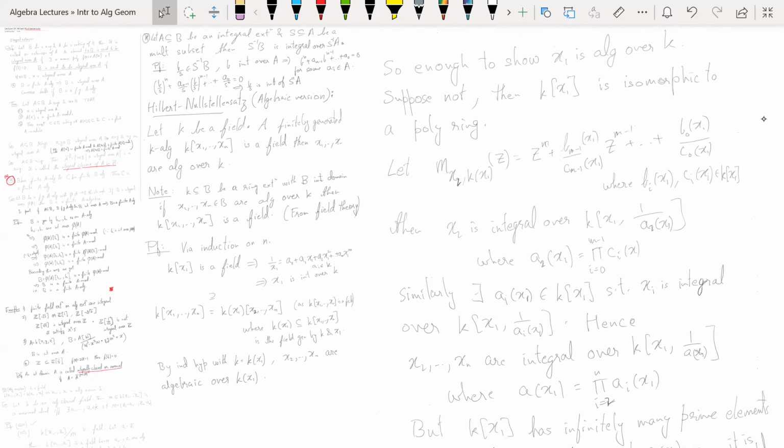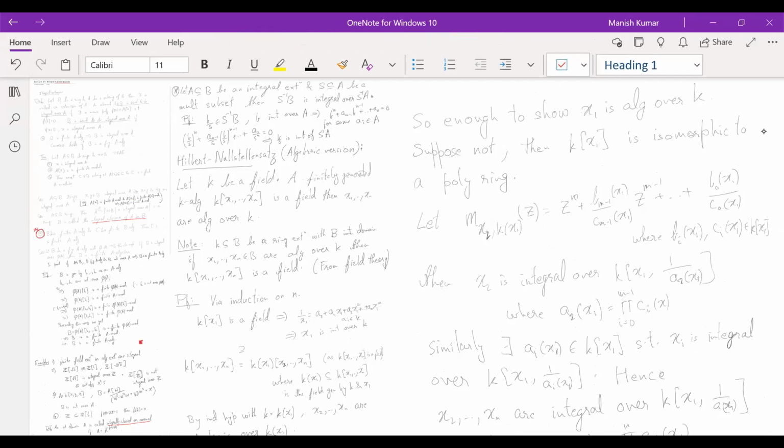Hilbert Nullstellensatz is a very important theorem, and it has many proofs. The fundamental theorem of algebra has many proofs, probably more than any other theorem. Similarly, Hilbert Nullstellensatz has at least 5-6 proofs, or maybe more. But this is in some sense the simplest proof, and it uses minimal information.